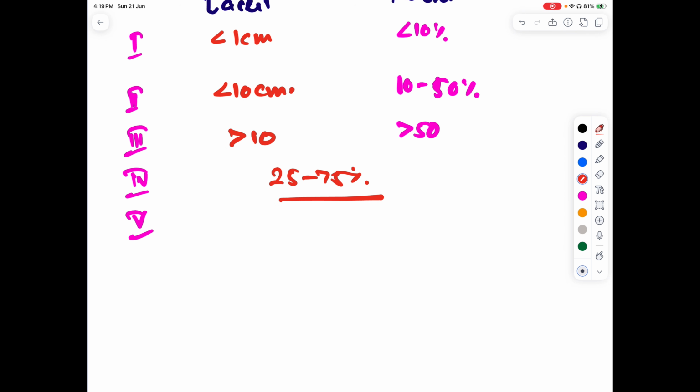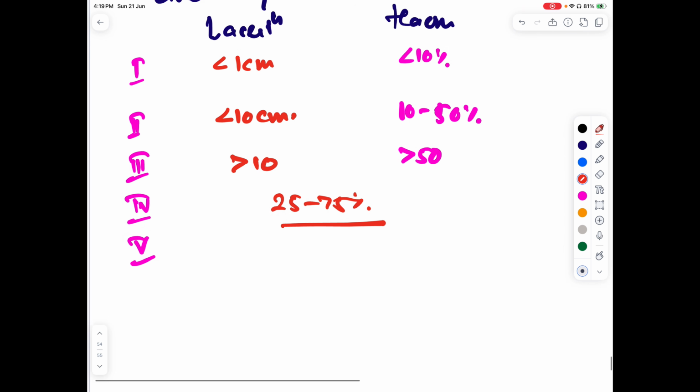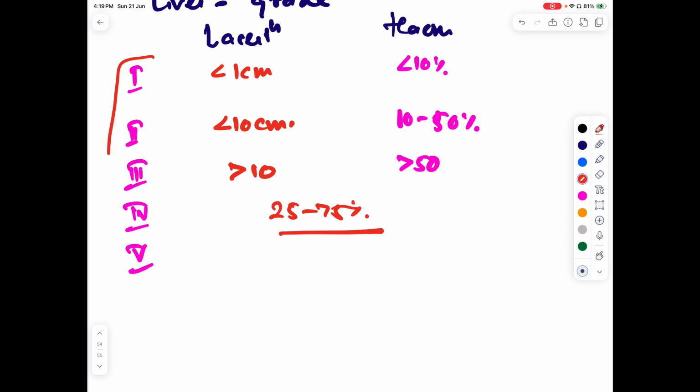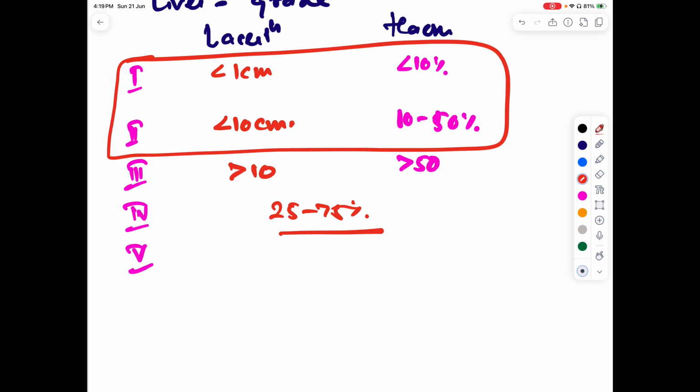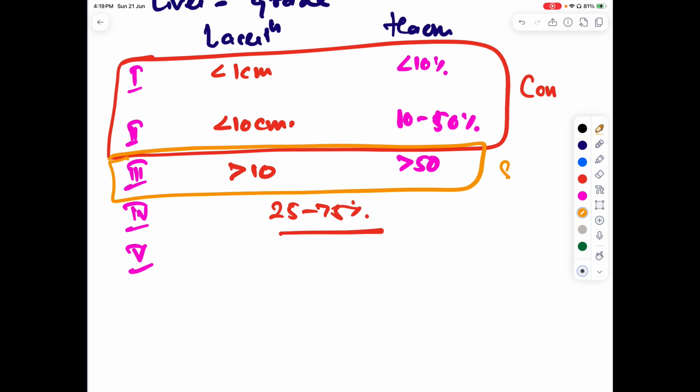So what do you do with a liver tear, how to manage? Grades 1 to 2 can be managed conservatively. Grade 3, if the patient is stable, can also be managed conservatively.